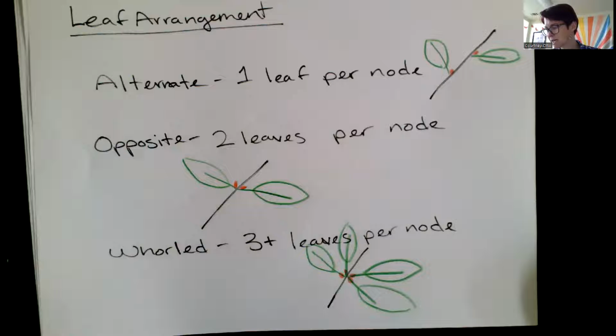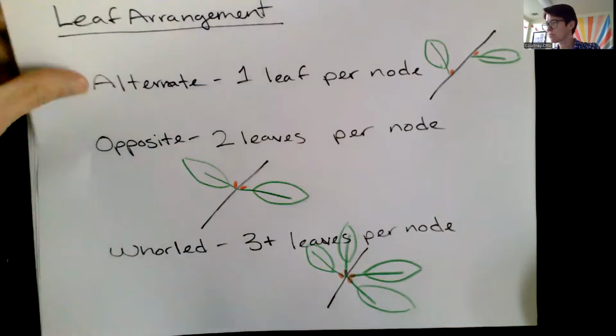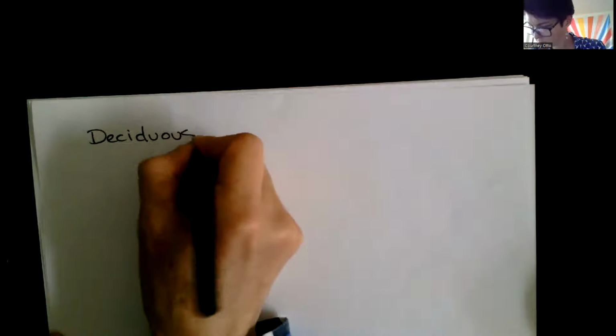Well, now I want to keep on thinking about the stem, right, and these external features, and imagine something a little bit different. What I want you to imagine is a tree in winter, and I want you to imagine a tree that's what we call deciduous. A deciduous plant, or a deciduous tree, is going to be a plant that loses all of its leaves on a seasonal basis.